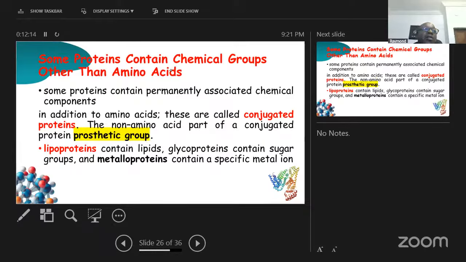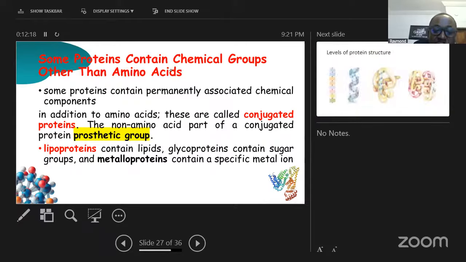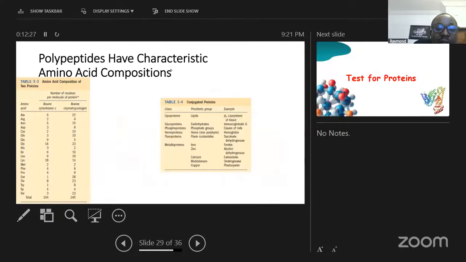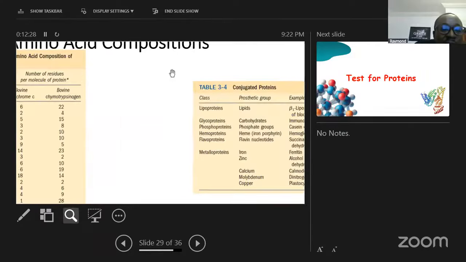You understand me? So these are different conjugated proteins. But let's go into the levels of protein structure: primary, secondary, tertiary, and quaternary structure of proteins. So now let me explain this.